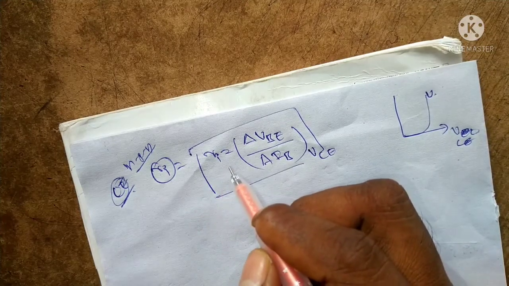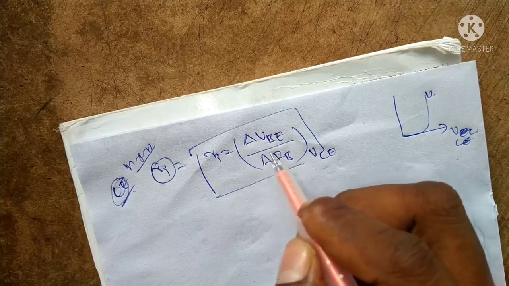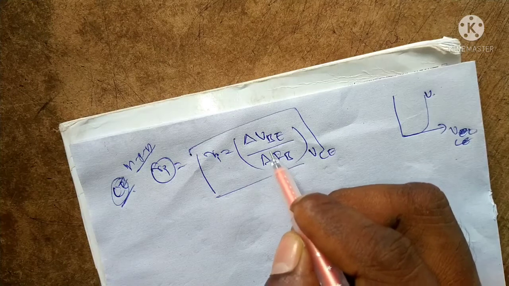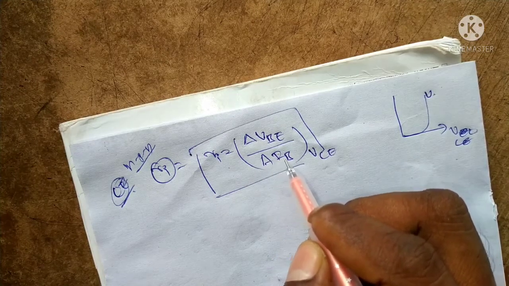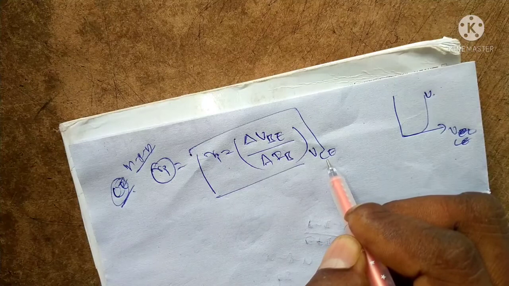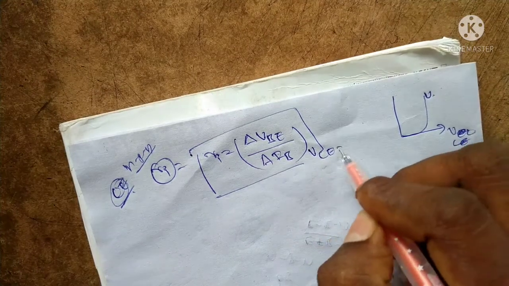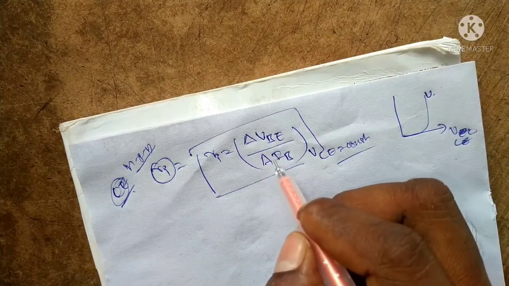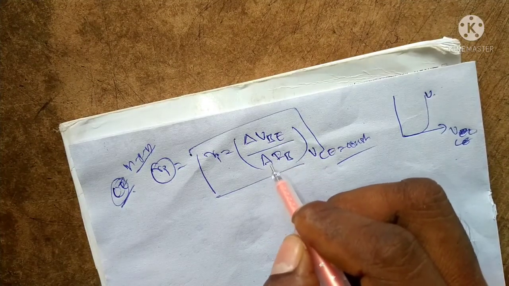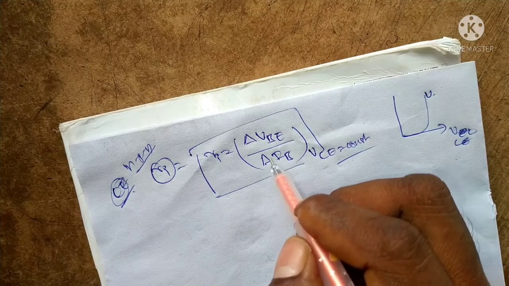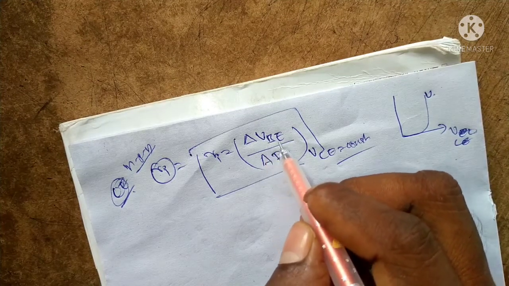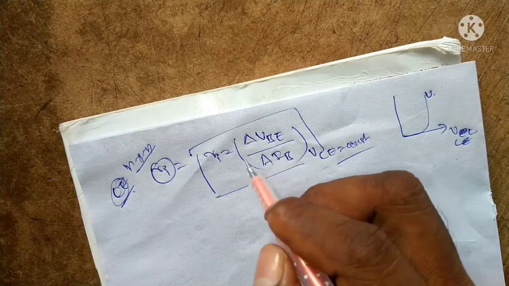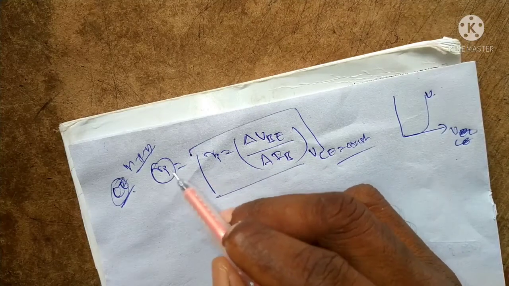Input resistance is the change in base emitter voltage to the change in base current at constant collector emitter voltage, that is VCE constant. This is the ratio of change in base emitter voltage to the change in base current.